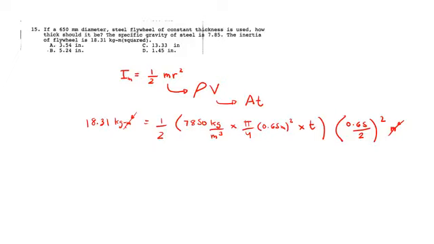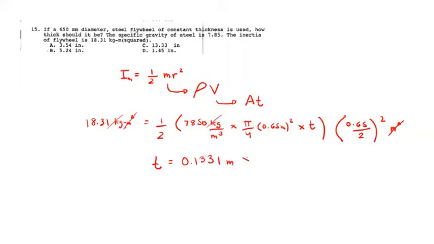Then ang matitira na lang dito, thickness is in mm dahil makacancel rin dito yung kilograms. Then ito makacancel rin dito. Meter na lang matitira dito. So thickness is equal to, makuha natin dito is 0.1331 meter.